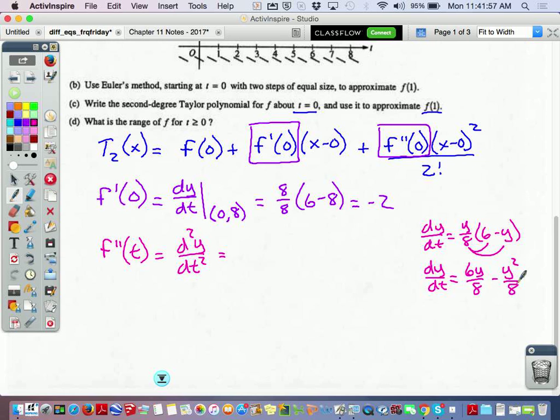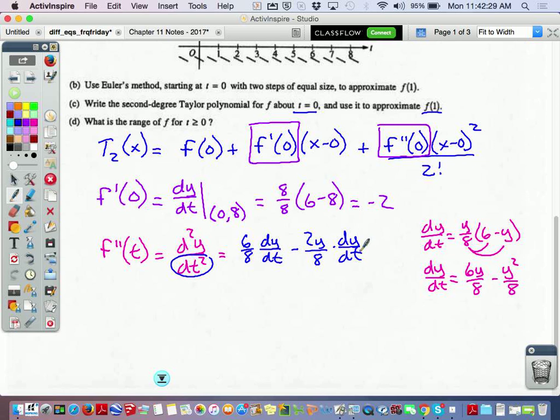Now, in doing the derivative with respect to t, I've only got y, so I need to do some implicit differentiation. So what I would get here is 6/8 times dy dt minus 2y over 8 times dy dt.